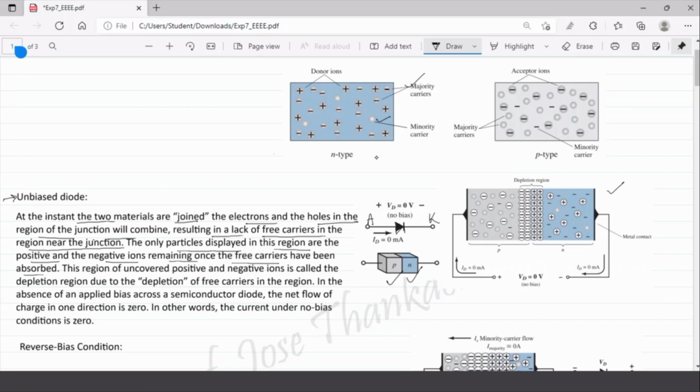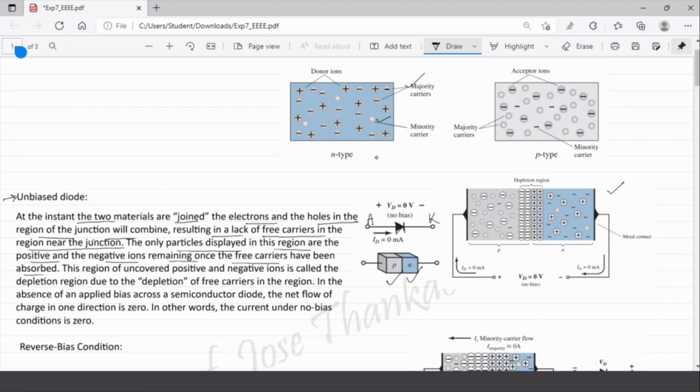Now you can see here there is a depletion region which is being formed. So this is the p-type semiconductor, holes are the majority, electrons are the minority. From the n-type, the electrons reach the boundary at the junction, and from the p-type the holes reach the n-type.